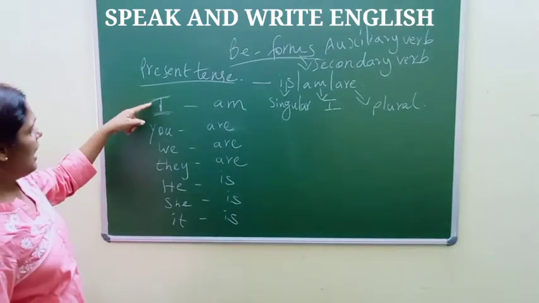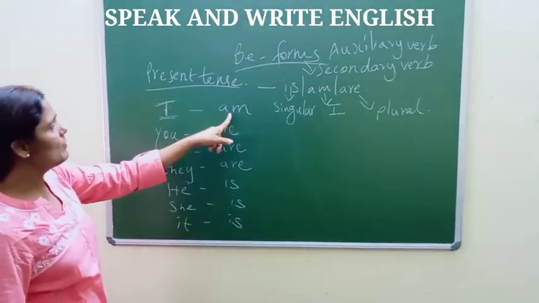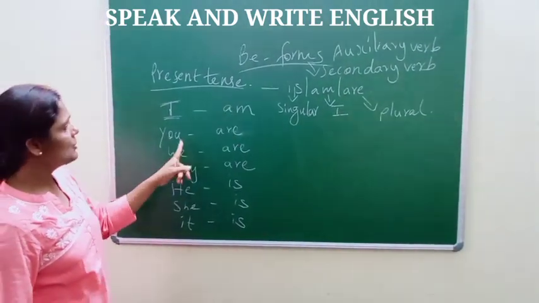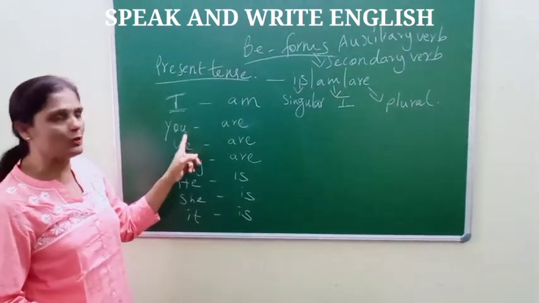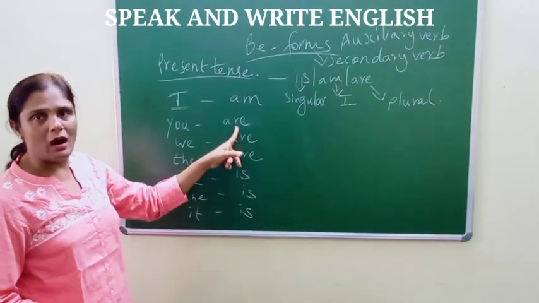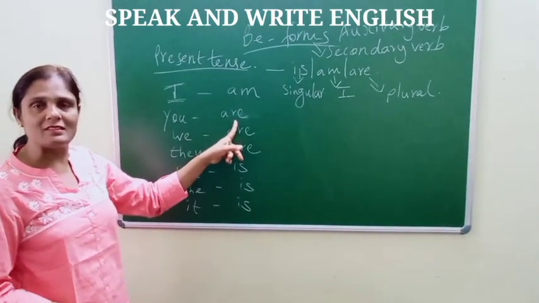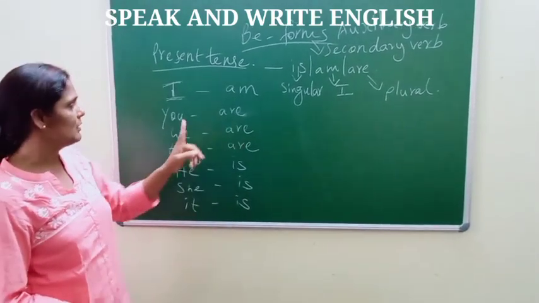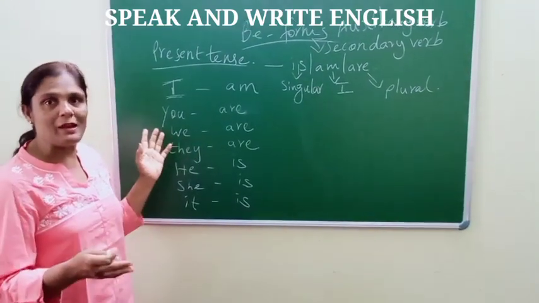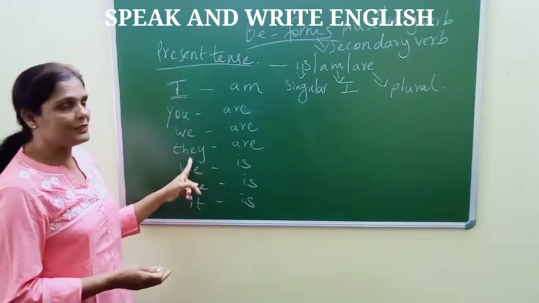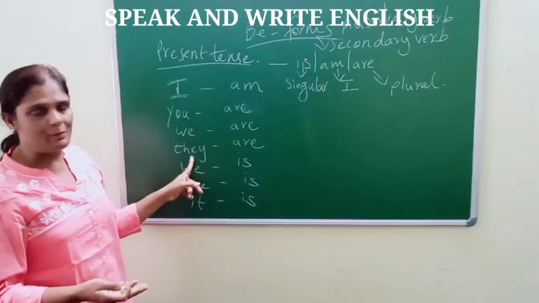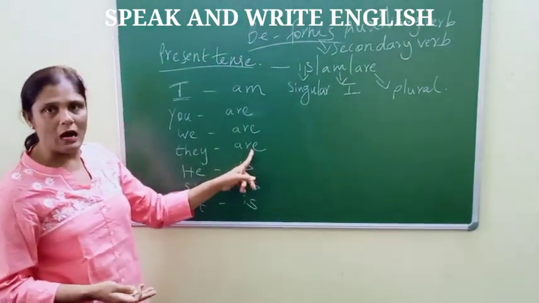You can be used in the singular as well as the plural, but we take the be form are irrespective of whether it is singular or plural. We means many of us, so we take are. They, many of them, so we take are.